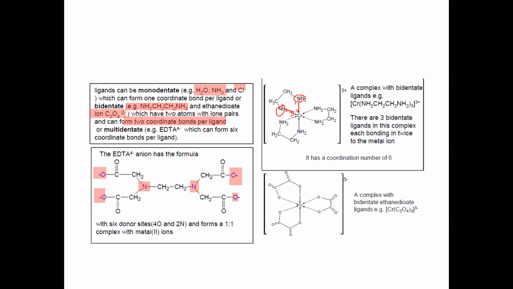So EDTA is a multidentate ligand with many positions, because nitrogen has a lone pair, oxygen has a lone pair, and the other side also oxygen has a lone pair, so it can form multiple dative bonds. I want you to copy this and draw the structure as well. Draw each structure, even the EDTA structure, you should know.